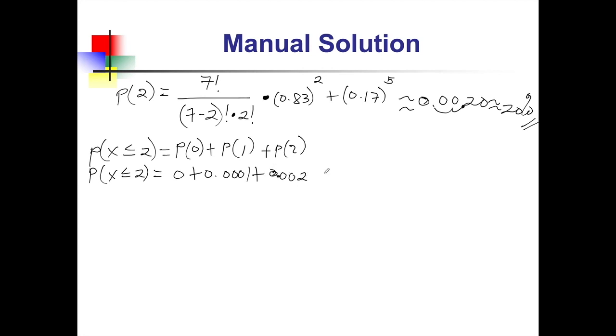May decimal ito. So, total natin, we have 0.002 plus 0.0001. That is basically 0.0021. Ganun lang naman. Or this is equivalent to 21%.